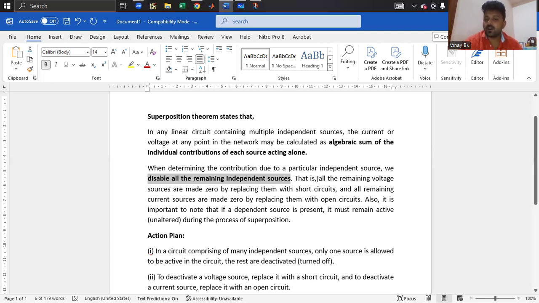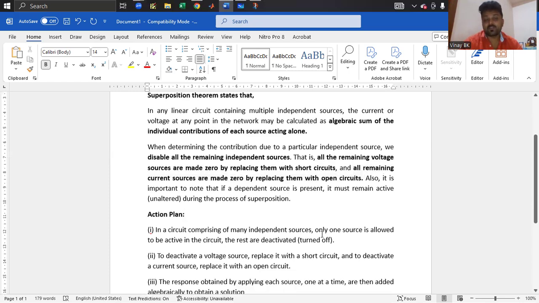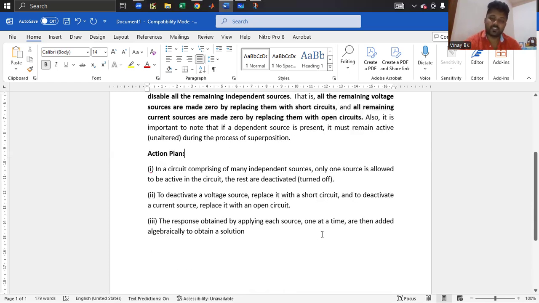That is, all the remaining voltage sources are made zero by replacing them with short circuit, and current sources are replaced by open circuit. And also it is important to note that if a dependent source is present, it must remain active during the process of superposition.